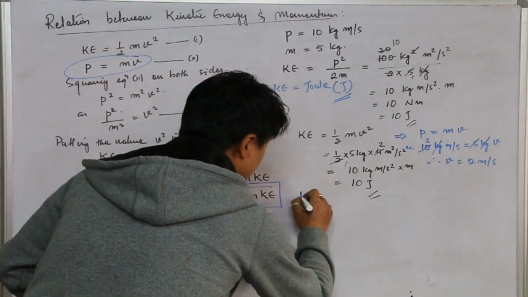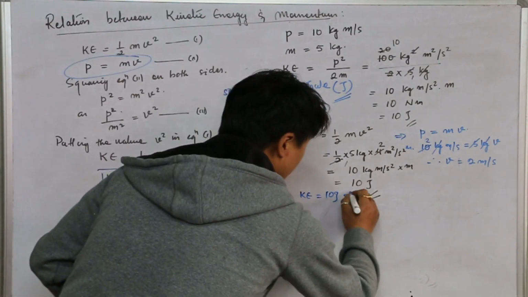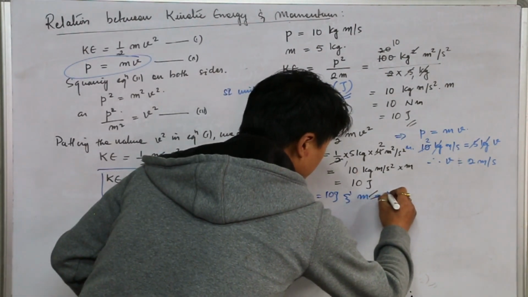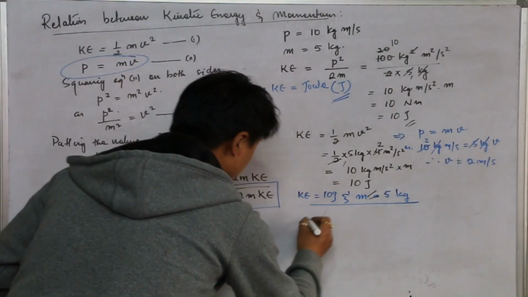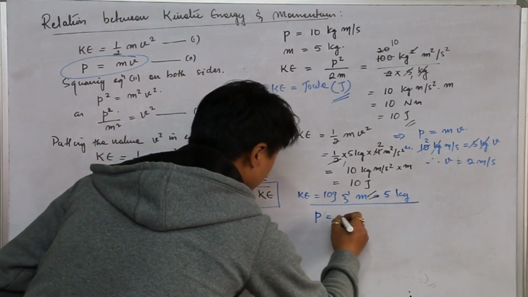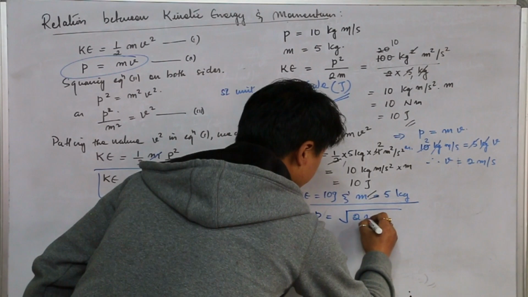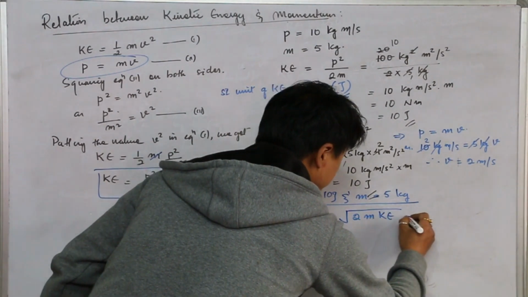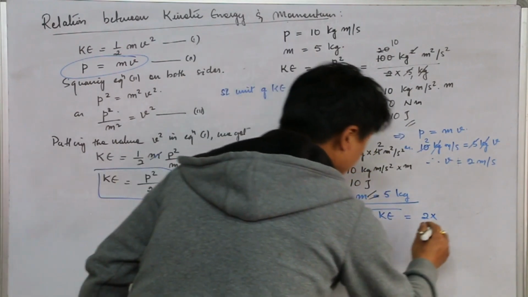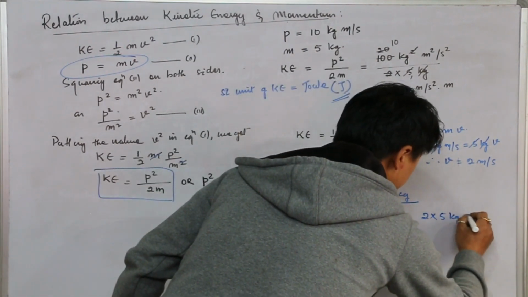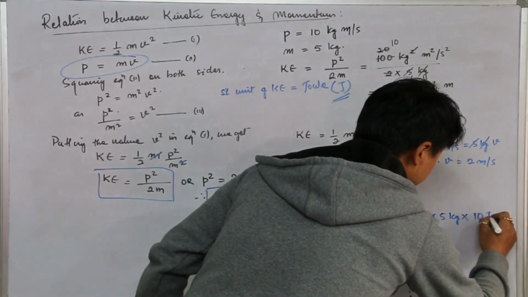Suppose the kinetic energy is 10 joule, and the mass of the body is 5 kg. So how can we find the momentum? We know that momentum is equal to root under 2 into m into kinetic energy. Here 2 into mass 5 kg into kinetic energy 10 joule.